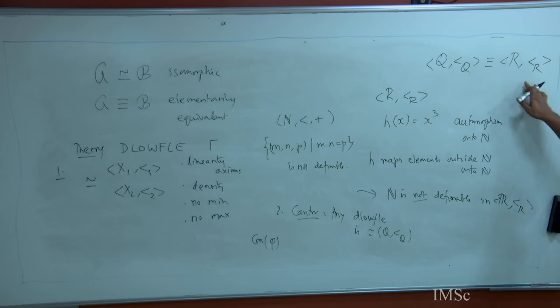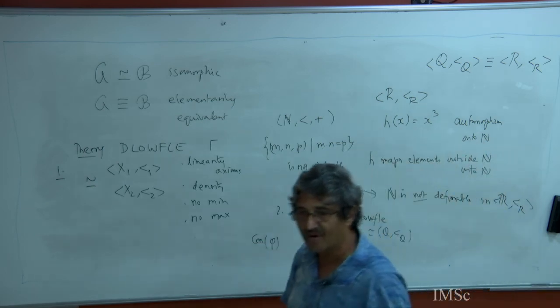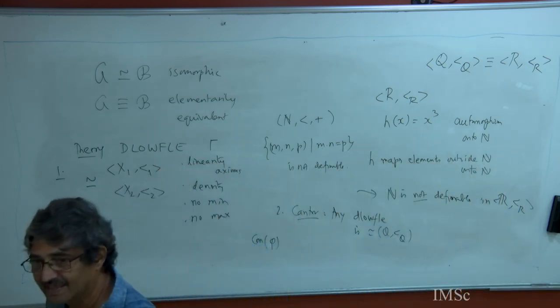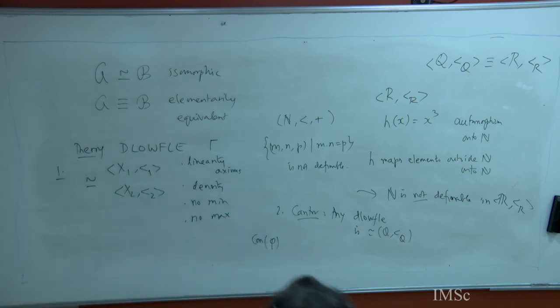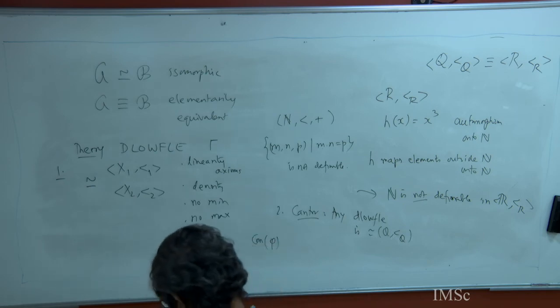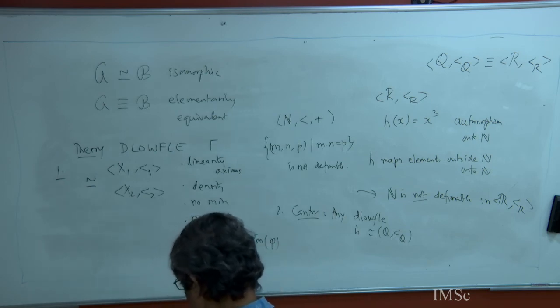And clearly R satisfies these sentences. It's a dense linear order without first and last elements. And so I have to use a countable model, so somehow maybe I should get to that.